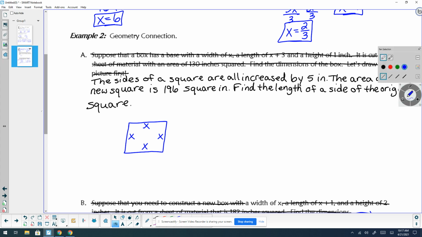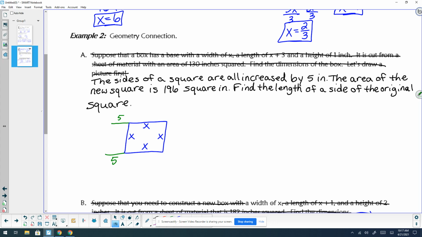Now, it says that I want to increase the side length by 5. So if I increase this side length by 5, it becomes x plus 5. Now, because that top side and the bottom side have to be equal, then I'm going to increase it in this direction as well by 5. Okay?